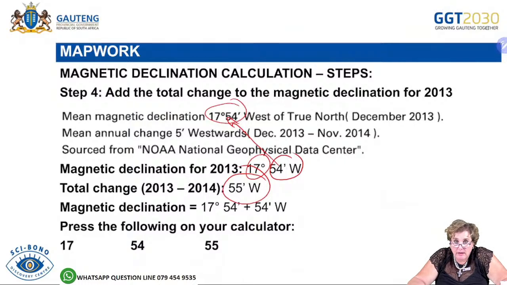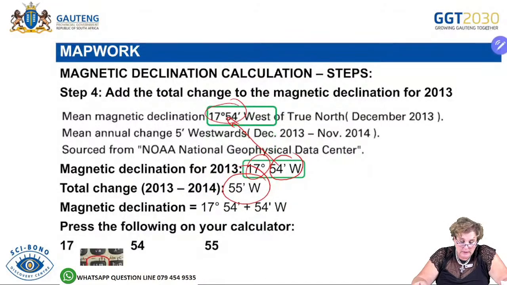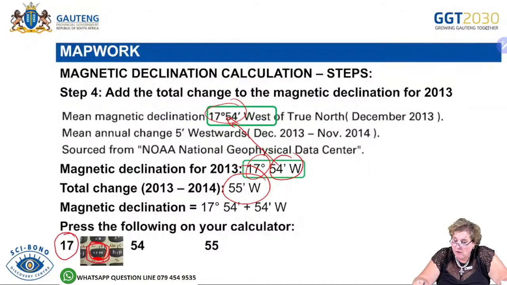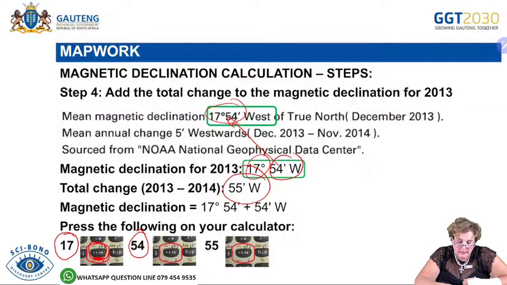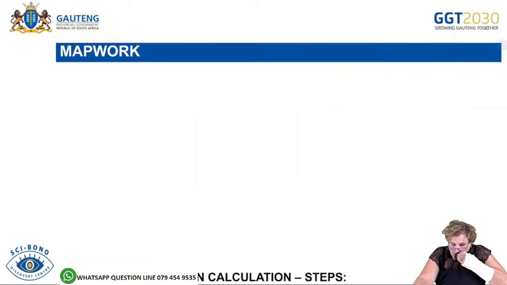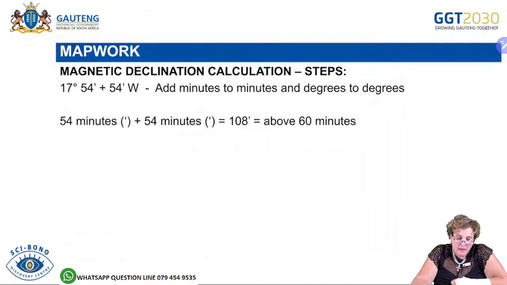If you have your calculator, you do the following. Type in 17, you click on that symbol on your calculator, then you put in 54. After that, you click on that one again, then 55, then that one again. Then add minutes to minutes and degrees to degrees.